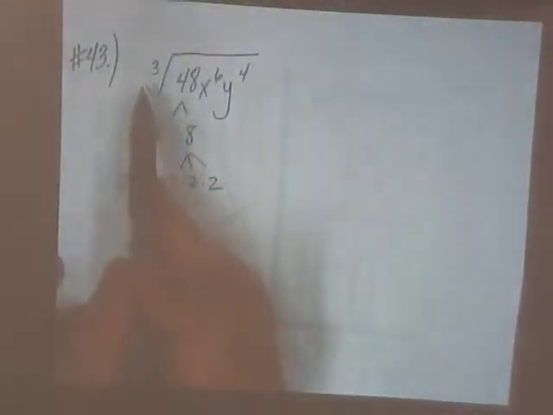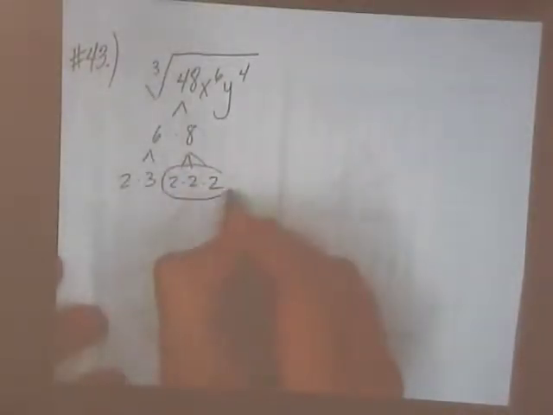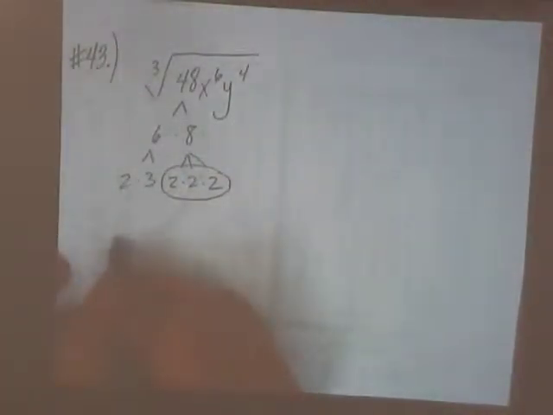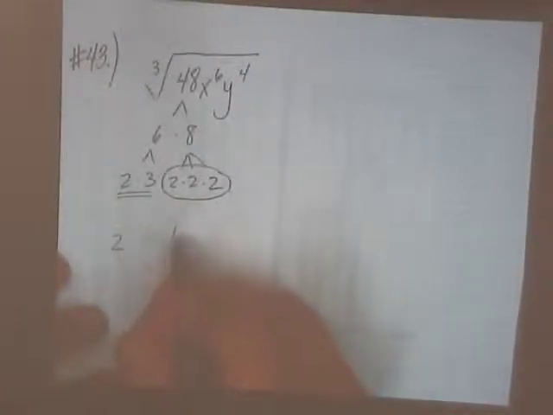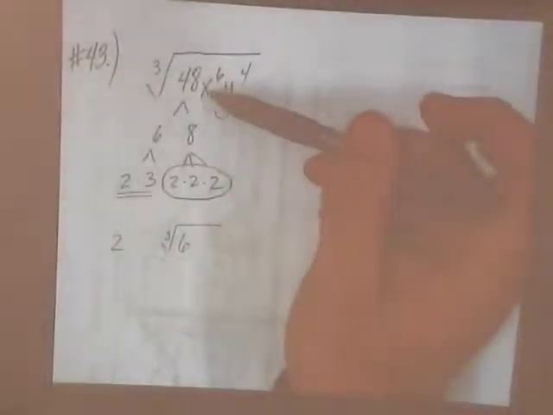Once again, I need a set of 3 of something before I can pull it out. I just happen to have 3 2s, so I can pull one of those 2s outside. Everything else is going to have to stay inside. Don't forget your index, 6. Let's deal with the x next.